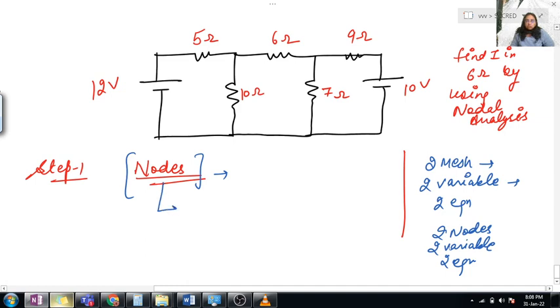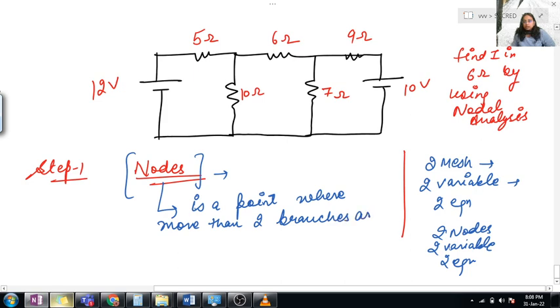So what is the definition of a node? You must know that a node is a point where more than two branches are connected.